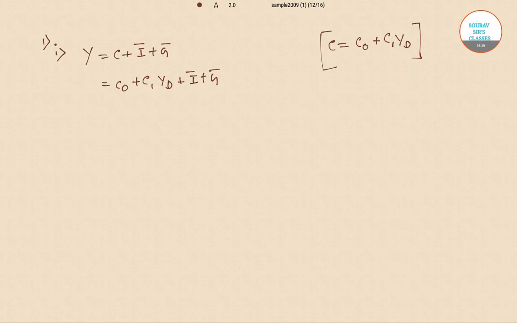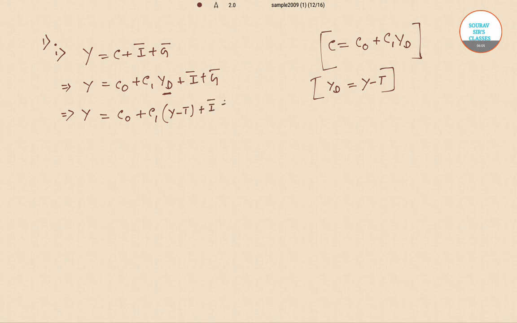Now if you write the equation for disposable income, we know disposable income is the income minus tax. So you will get Y equals C naught plus C1 times (Y minus T), plus I bar plus G bar.